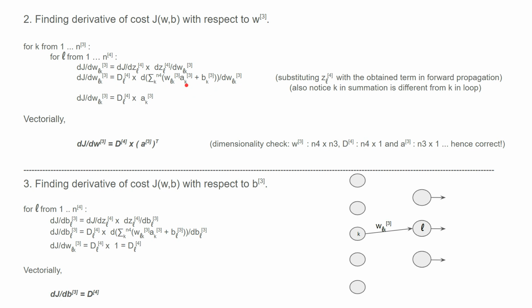Therefore, we will get only AK3 from the summation, and all other elements in the summation will be 0 except for AK3. The derivative of WLK3 with respect to WLK3 will be 1, and therefore 1 into AK3 will be AK3. And DL4, we have assumed that dJ by dZL is equal to DL4, and we have calculated dJ by dZL4 as we have seen from the previous slide.